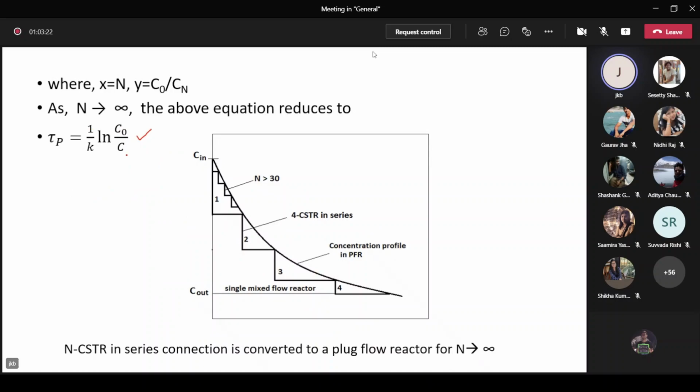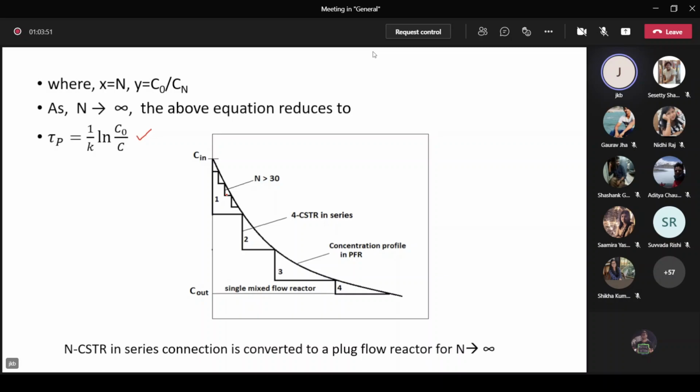So if you gradually increase the number of CSTR tanks in series, it will move towards plug flow behavior. That is, n number of reactors, say n greater than 30, many reactors connected in series, then the behavior of these series reactors will be the same as a single plug flow reactor of that size.